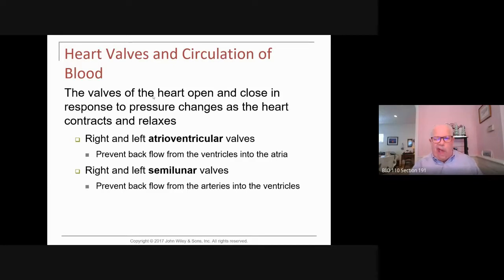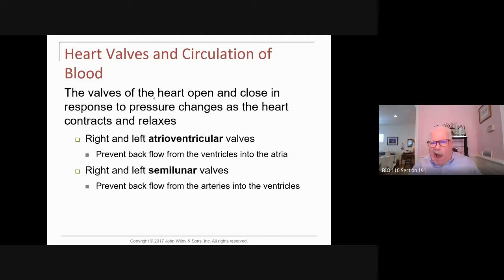That's why they're called AV valves, atrioventricular. The reason that these valves are there is to prevent backflow from the ventricles into the atria.